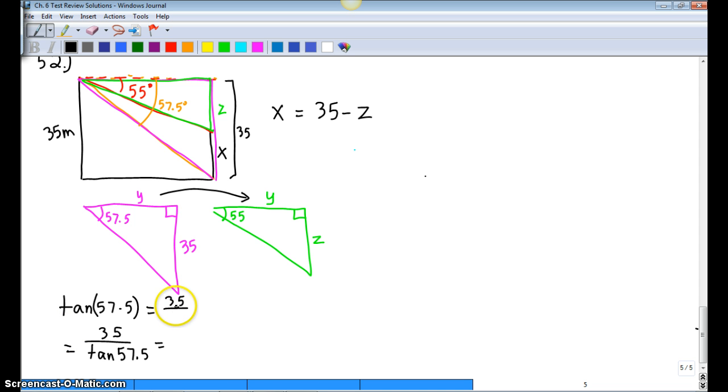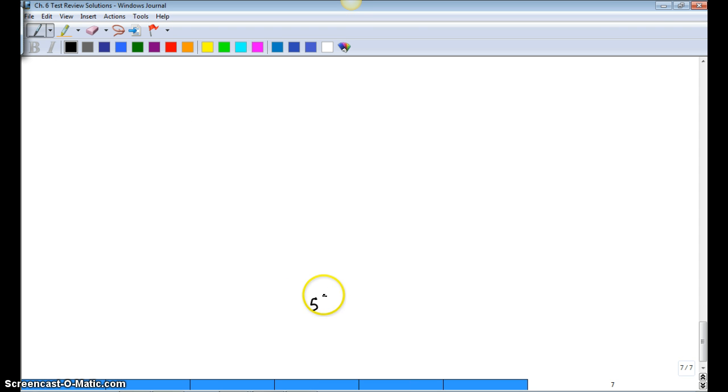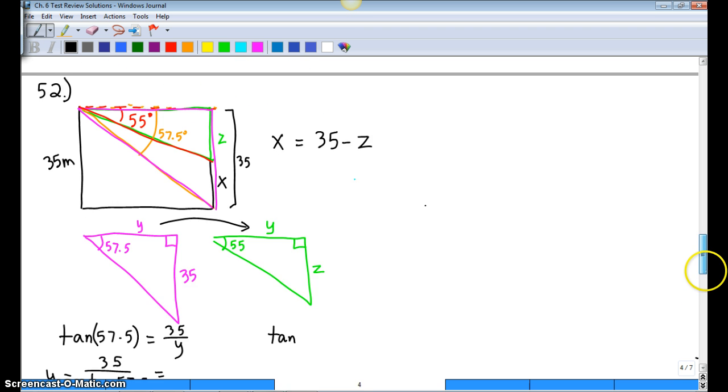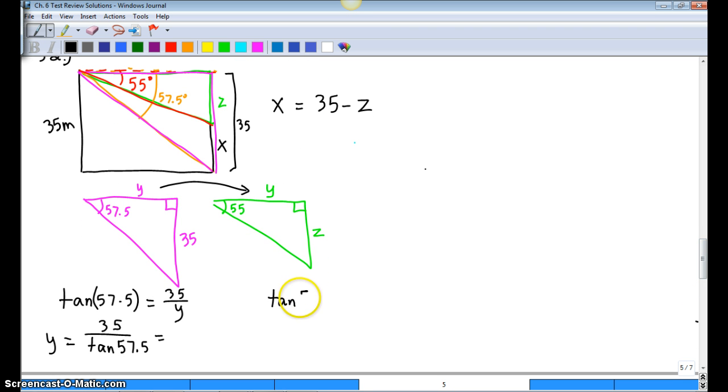I keep using x, that's just kind of a standard for me. That's actually y. So once we find y, we'll plug it in. Over here we've got tangent of 55 equals z over, I'm going to leave that for now. We'll find y to be 35.